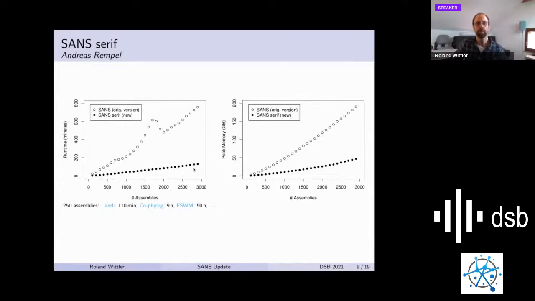And below you see the much faster variant, the serif re-implementation with the nicely slow linear increase of the runtime. And here you also see some numbers of other whole genome-based approaches, which take already for a subset of 250 assemblies, which is here, hours or days, where serif now takes a few minutes. And also the memory usage has been improved a lot by these new data structures.